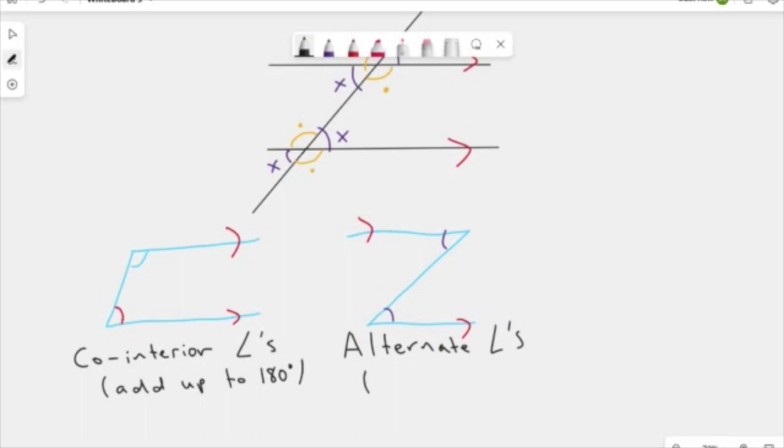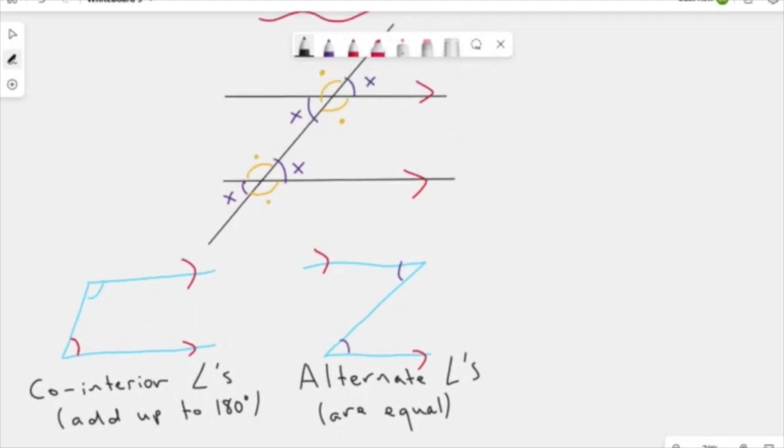I'm going to put in brackets, from what we observed, are equal. That's pretty cool. Now, we also notice, well, cool, these ones are also equal. So no matter how wide we make this Z shape, if it's present and we have the parallel lines, we can always identify alternate angles.